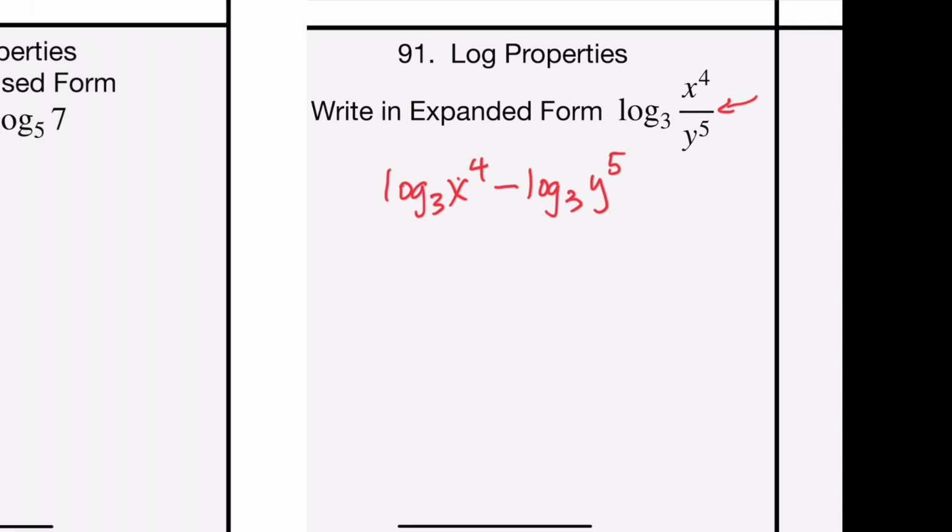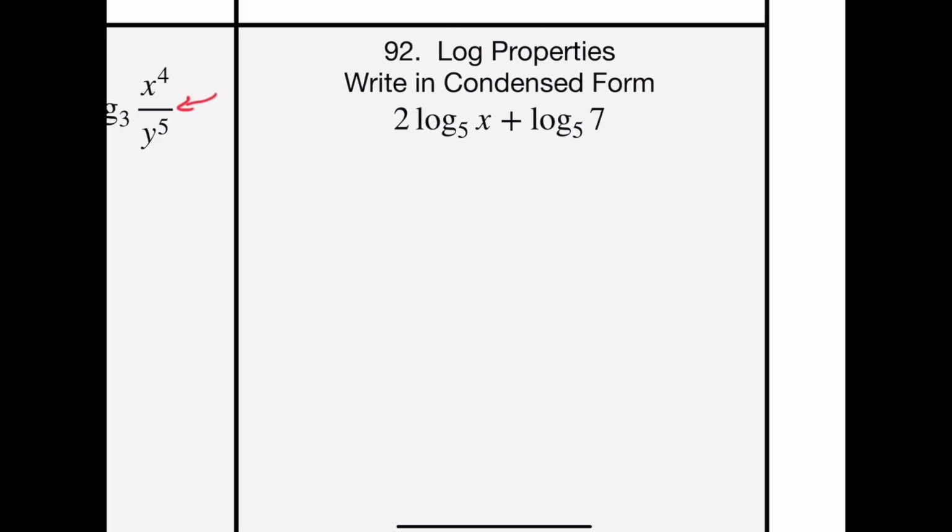Problem number 92 is again log properties. This time it says to write in condensed form 2 log base 5 of x plus log base 5 of 7. So I have two things happening in this problem. I have a 2 out front, and since this is multiplication, it's going to indicate that the x is being squared.